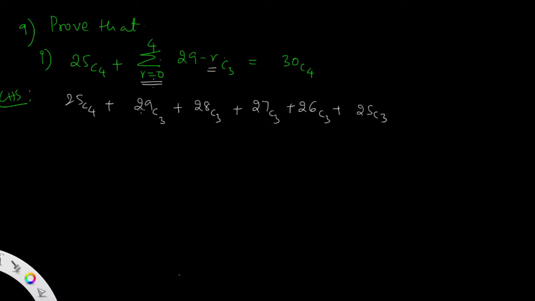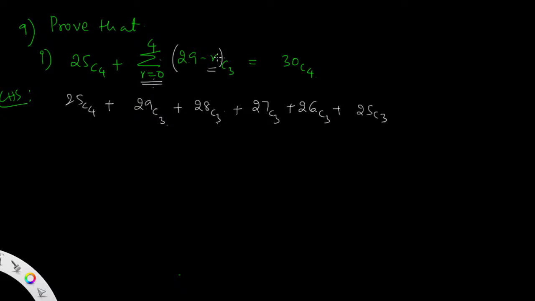In the place of 29 minus r: r equals 0, 29C3, 29 minus 1, 28C3, 29 minus 2, 27C3, r equals 3, 26C3, r equals maximum 4, 25C3. Sigma means sum of the terms.